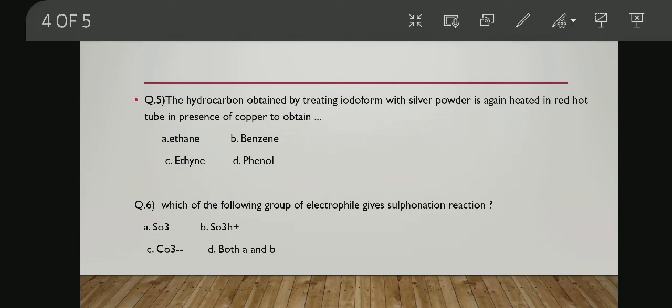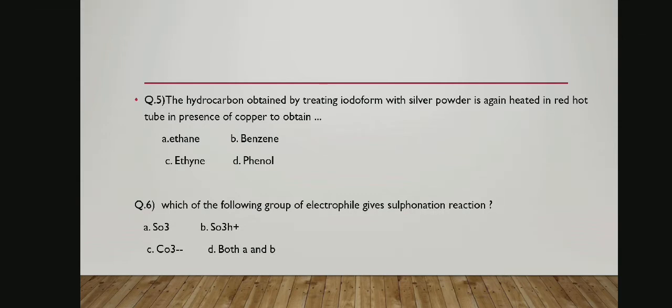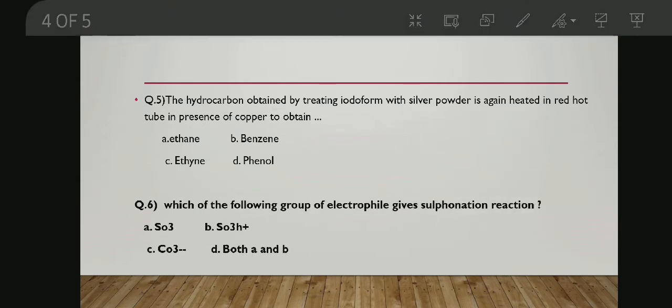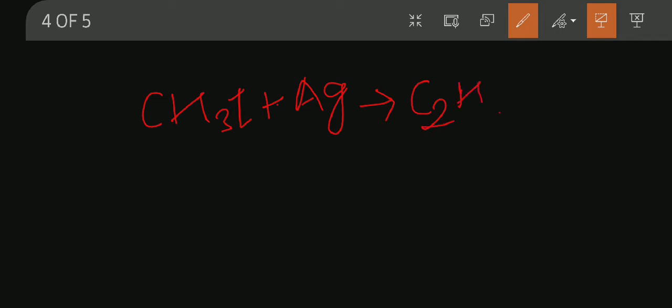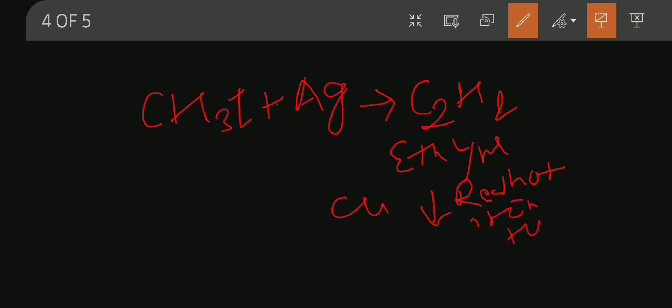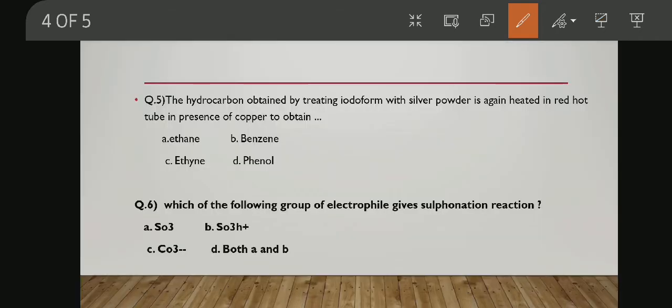Iodoform CHI3 on treatment with silver powder we will get ethyne, which on reaction with copper in a red hot iron tube we will get benzene. So here we will go with option B, benzene.